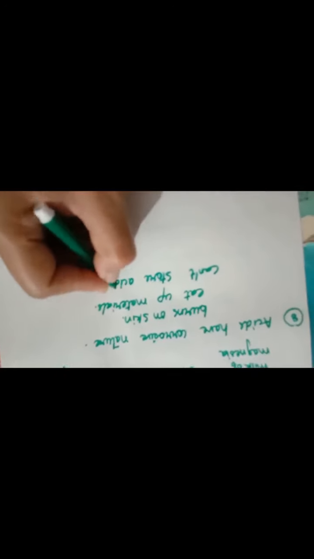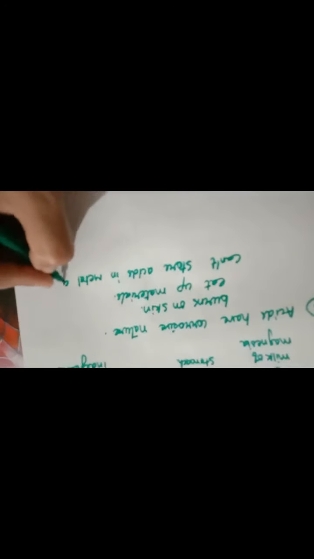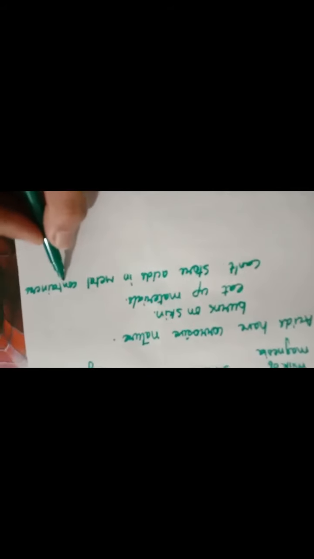Because of this property that acids have corrosive nature, we can't store acids in metal containers. If we store any acids in metal containers, then they can eat up the metal container, and we cannot store the acids in metal containers.